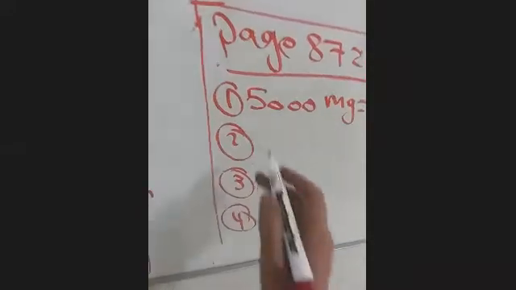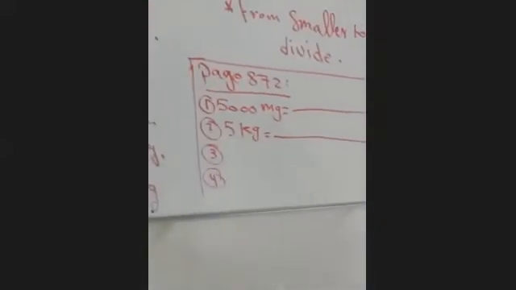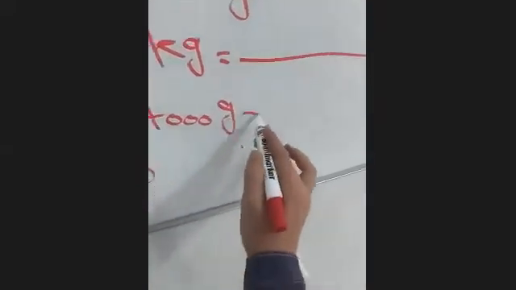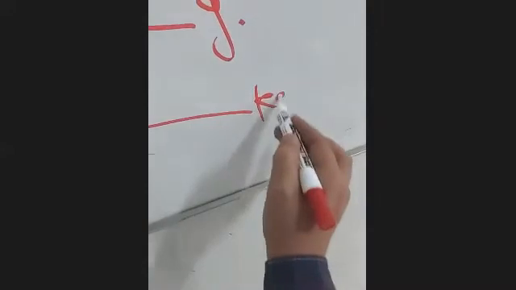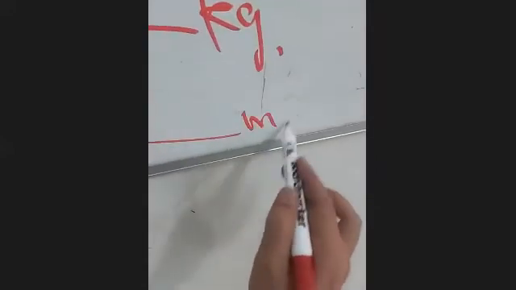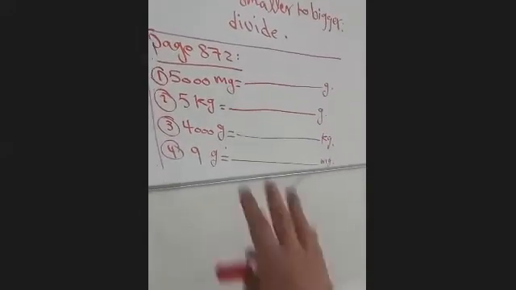Question 2: 5 kilogram, I want to convert it to gram also. Question 3: 4,000 gram to kilogram. And the last one on this page is 9 gram to milligram. These 4 questions are in your book, page 872. I will do them as examples.